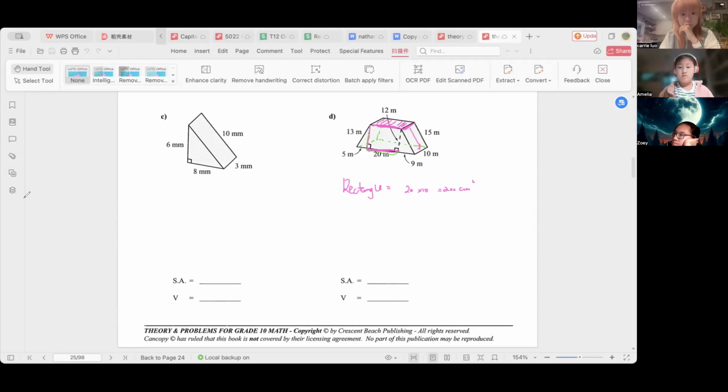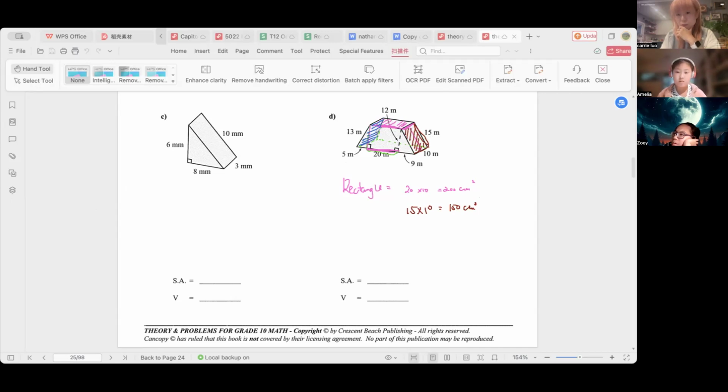Okay, so now let's move forward to this red part. This red part is pretty easy because it's another rectangle, 15 times 10, 150 centimeters square. So Amelia, Zoe, we're going to move forward to this one.